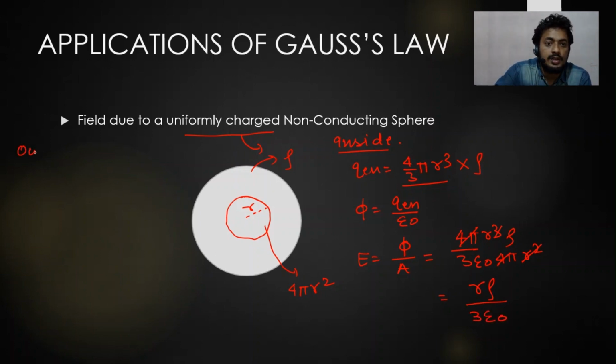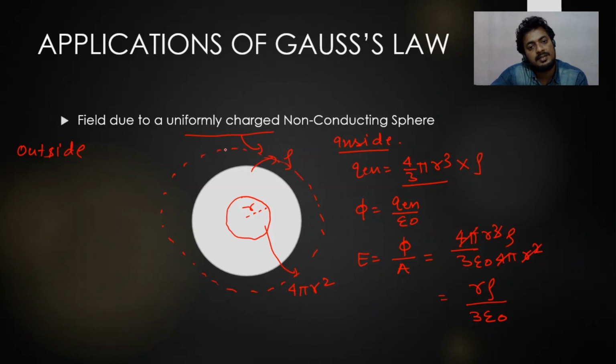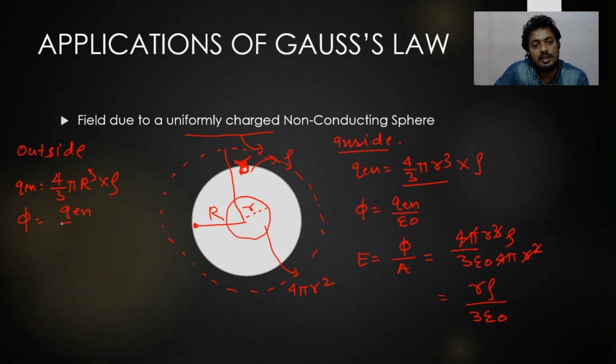Now for outside the sphere. Let's assume this is outside the sphere and it is a small r. So Q enclosed will be 4 by 3 pi capital R cube into rho. And flux will be Q enclosed by epsilon, and the electric field will be flux by area.